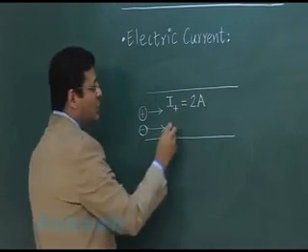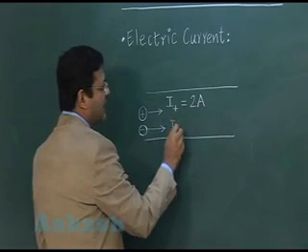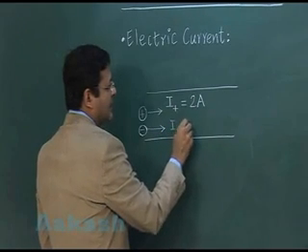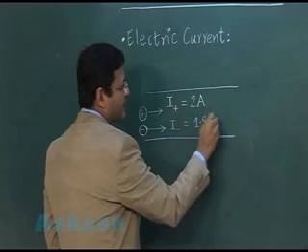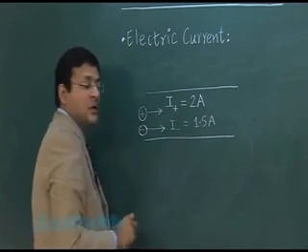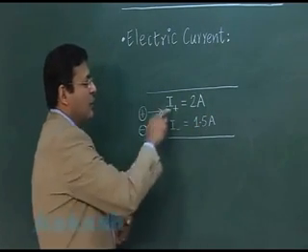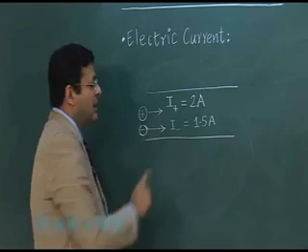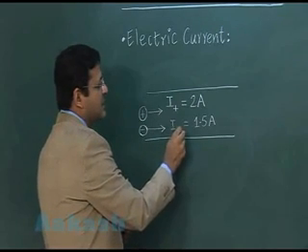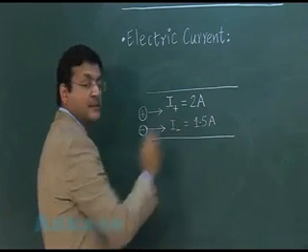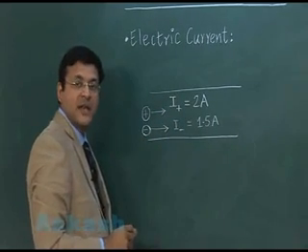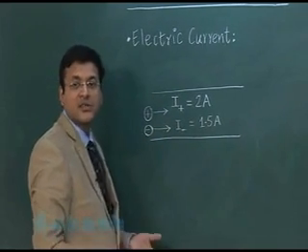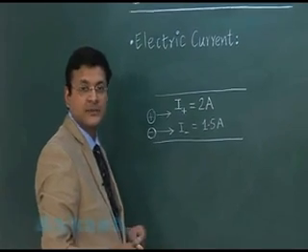Let us suppose the current due to positive charge is 2 ampere and current due to negative charge is 1.5 ampere, and both these charges are flowing in the same direction, and I ask you what is the net current.